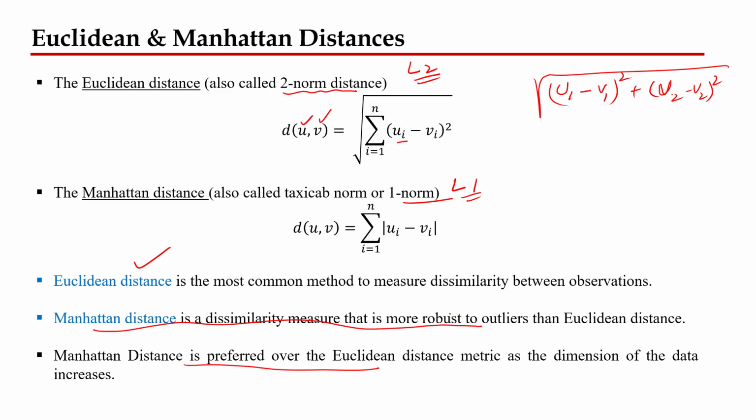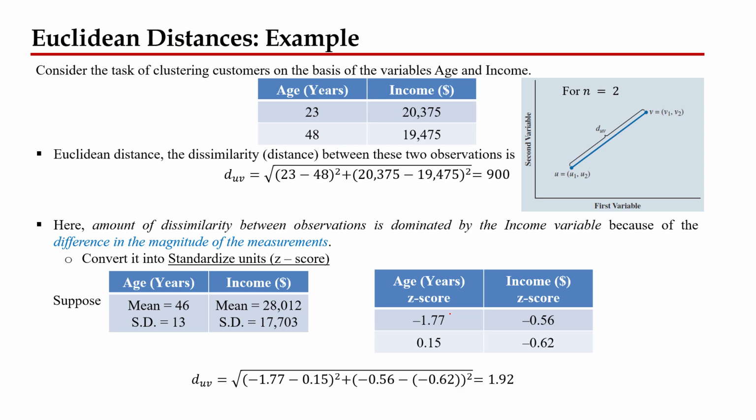Let me show you a small example. I am calculating the Euclidean distance. Let's say I have two variables, one is the age, another is the income, and I would like to know how similar different observations, observation number one and observation number two, are with each other.